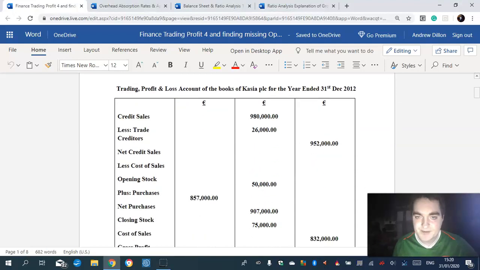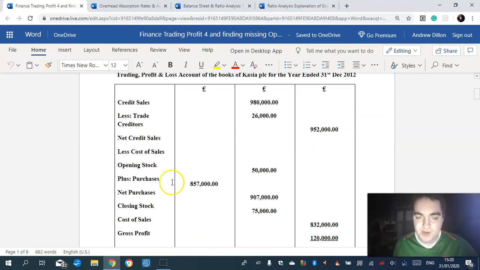As you see here, that's the trading profit. It always starts off with credit sales or just sales. Then it's trade creditors, then net credit sales, then less cost of sales, and then opening stock plus purchases, then net purchases and closing stock, cost of sales, and now gross profit.